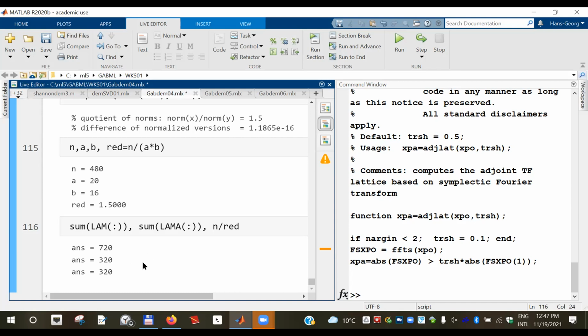I don't want to try to do it now because playing around with the plots might be a little bit cumbersome. But one interesting thing which I found, which can also be used for further investigation, is to see what is the intersection of the lattice with the adjoint lattice.